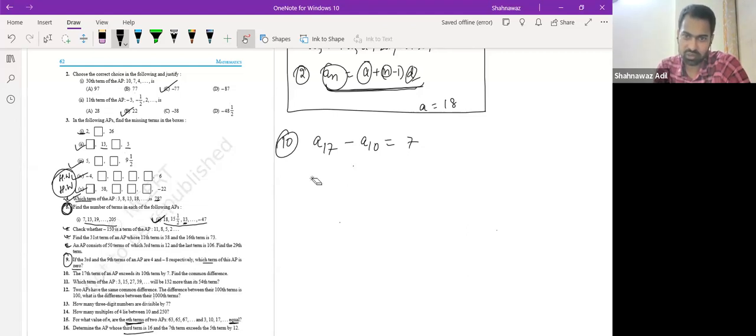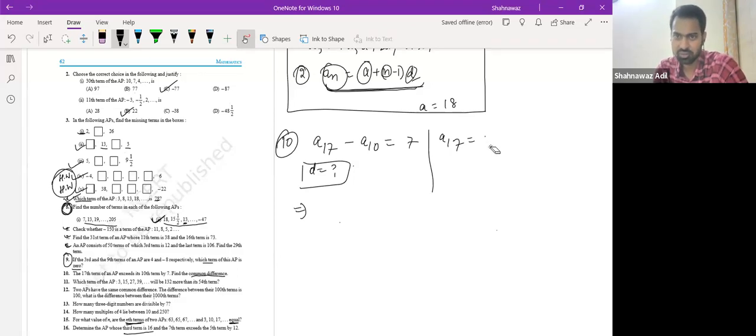We need to find out just the common difference, right? Yes, sir, D. So let's plug in the values of A17 and A10. So A17 we know, A17 is how much? Yeah, in terms of A and D.